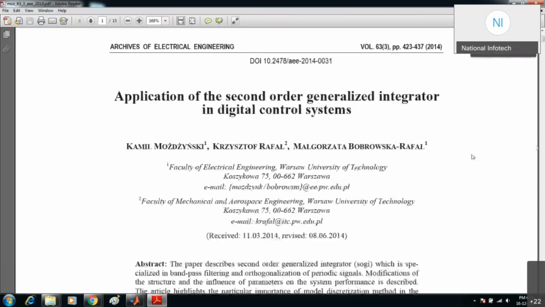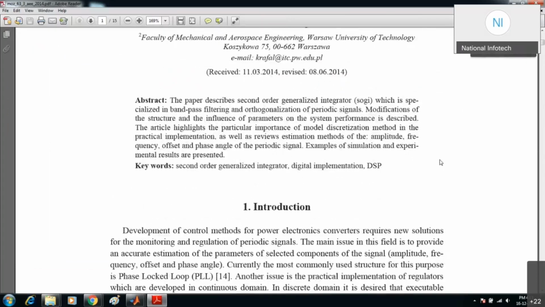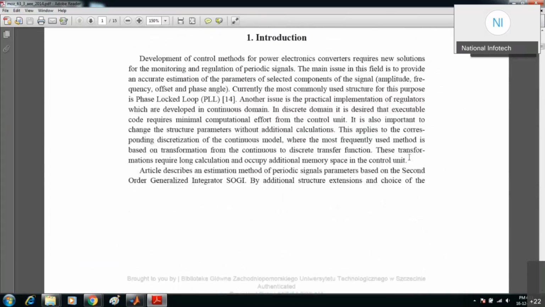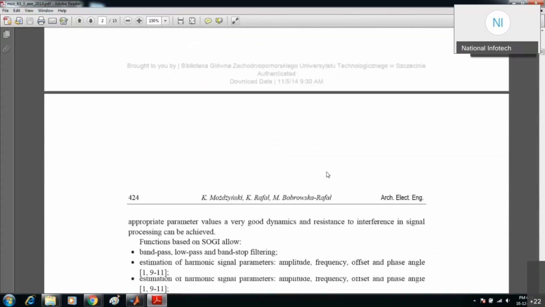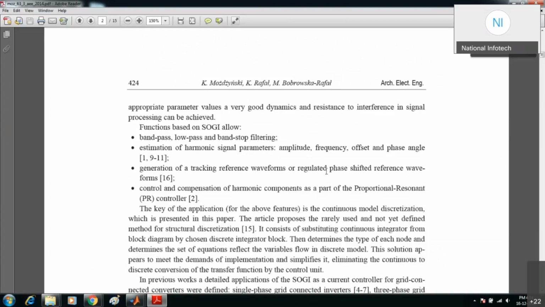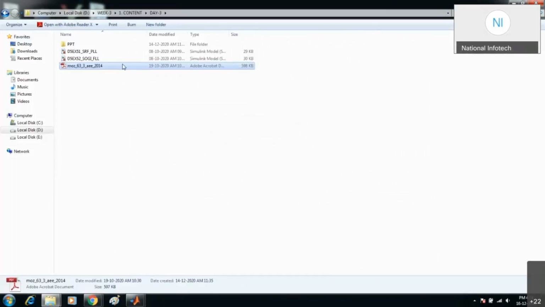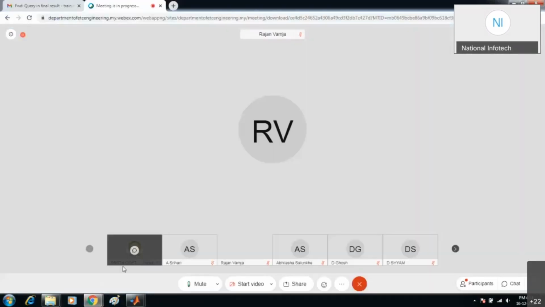Am I audible? So this reference we are using in order to achieve this SOGI FLL technique in our simulation as well as hardware. After the session, I will share this PPT with Paresh sir, and he will send it back to you. Okay.